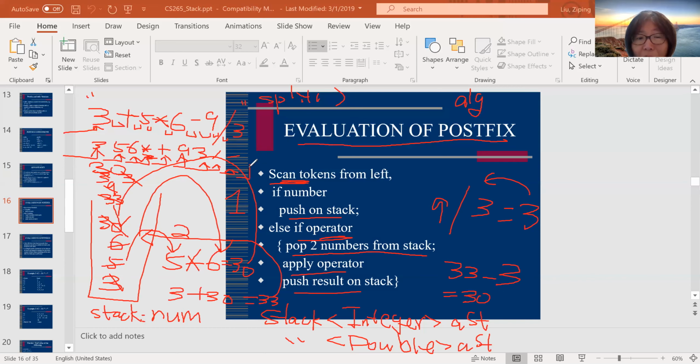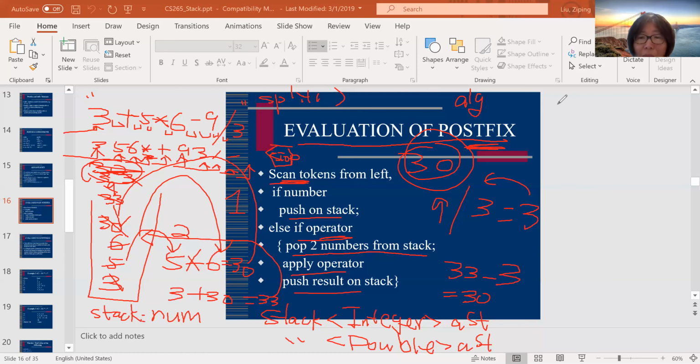And if you continue your scan, you will see there is nothing there, is it? So this is our stop sign, and we stop. And when you finish your scan, what you need to do is just get this number out. And this is our postfix expression's calculation result.